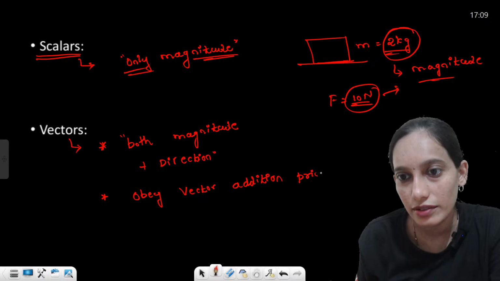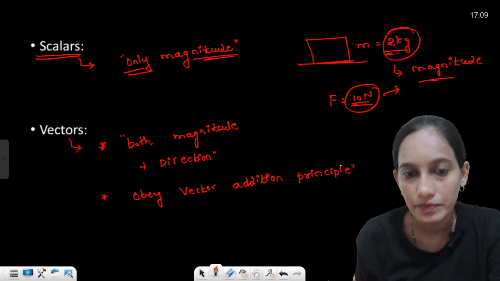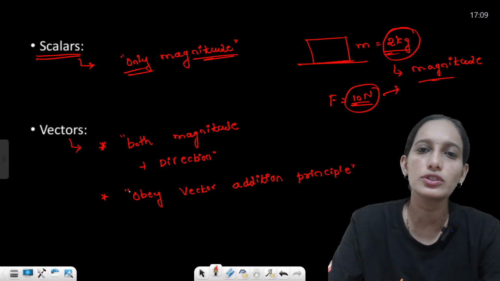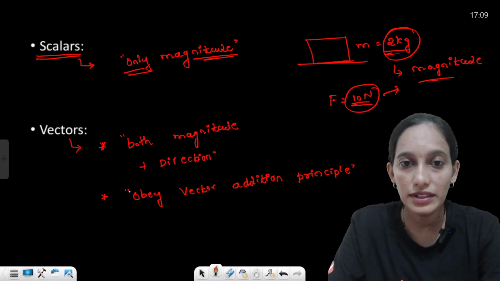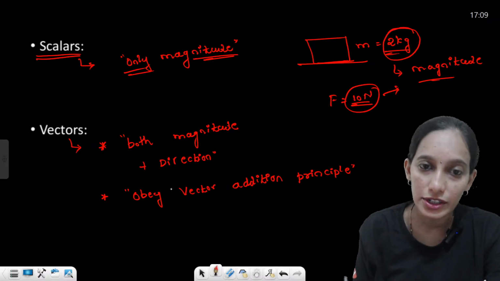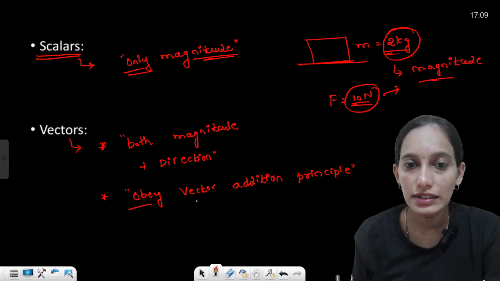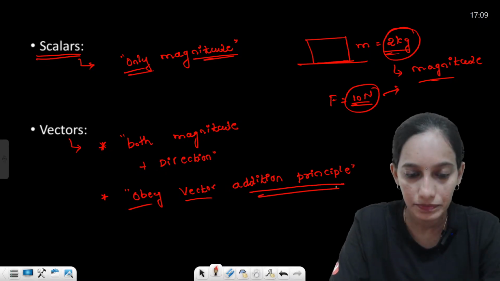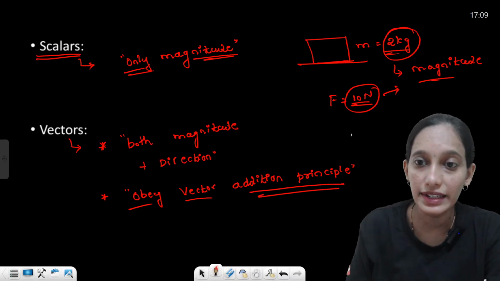Usually we say a vector has both magnitude and direction, but don't stop there. You have to add one more condition, that they obey the vector addition principle. Is that clear? This is very essential.